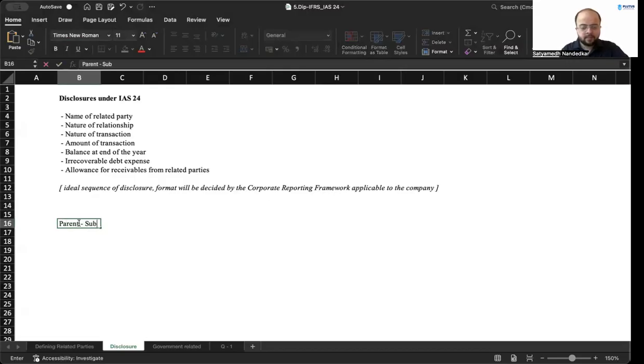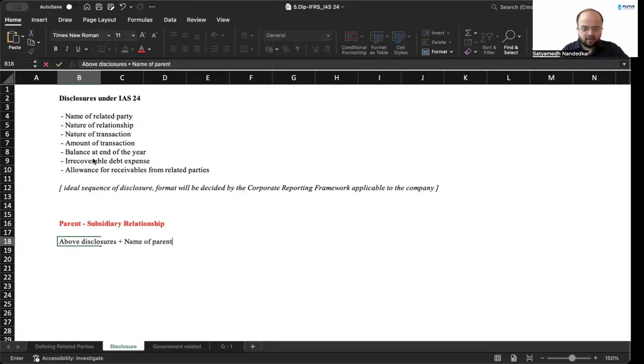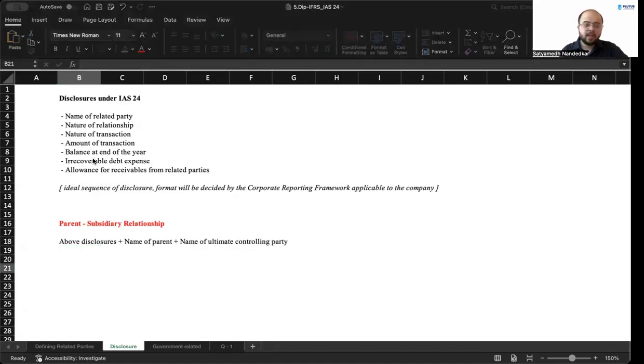Parent subsidiary relationship, relationship between parent and subsidiary: above disclosures plus name of parent plus name of ultimate controlling party. That also has to be disclosed.